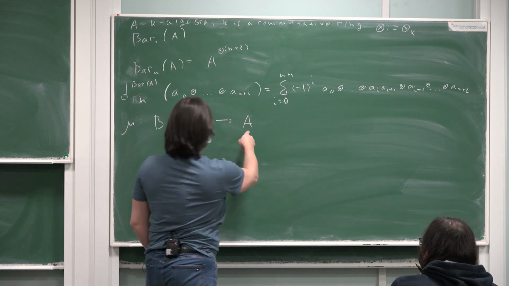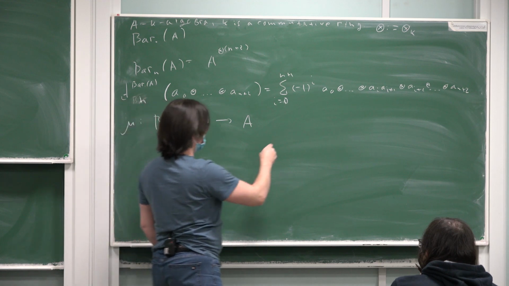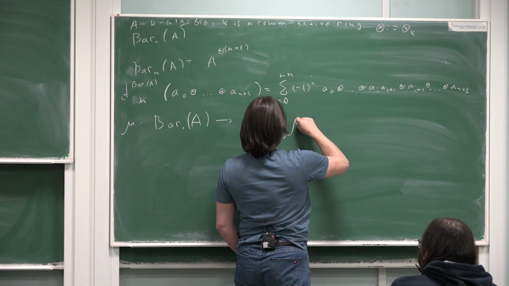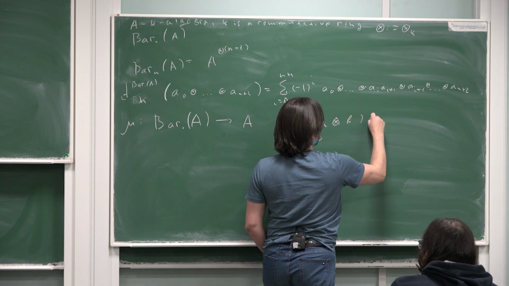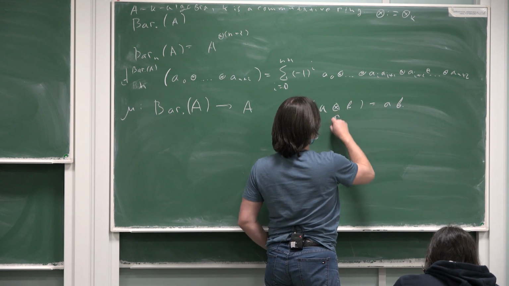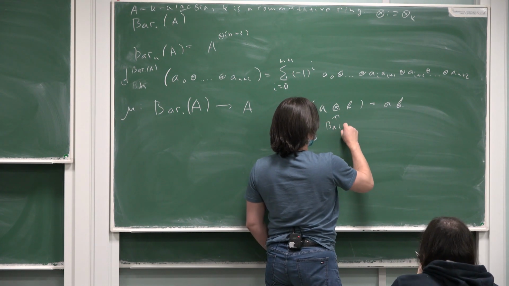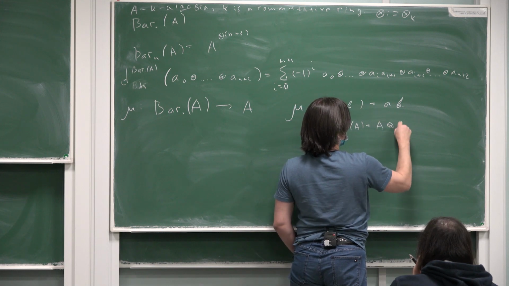As here we have only the 0 degree, we have to define mu only in the 0 degree, so we have to define mu of a tensor b, and it's simply ab. So a tensor b is from bar 0 of A, which is A tensor A by definition.